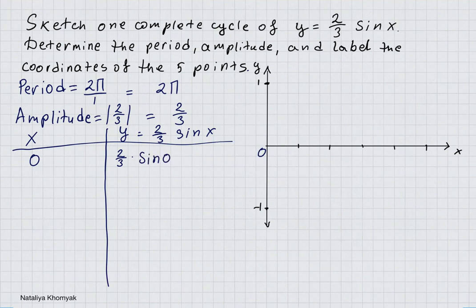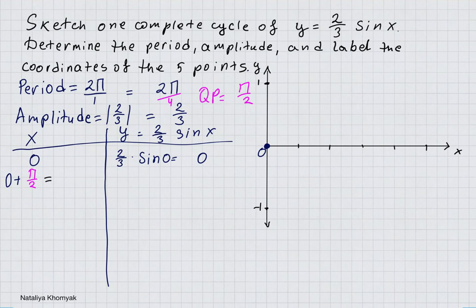Sine of 0 is 0, so this gives us 2 over 3 times 0, which is 0. The first point is (0, 0). The next x value will be the previous x value, which was 0, and we add to it a quarter of the period, so 2 pi divided by 4. A quarter of the period equals 2 pi divided by 4, which is pi over 2. So we want to add pi over 2 to 0.